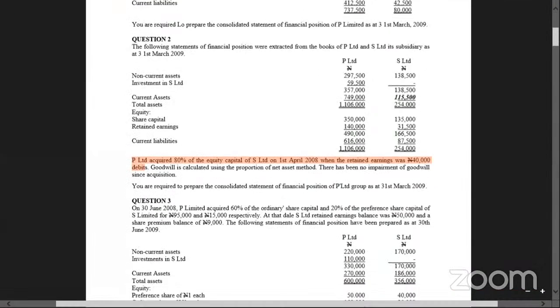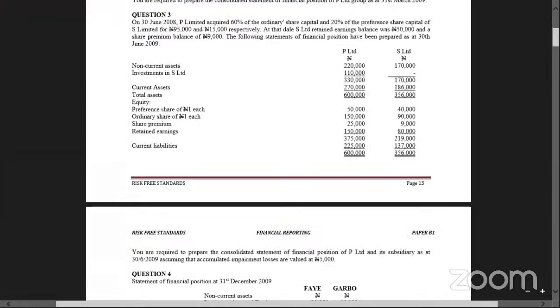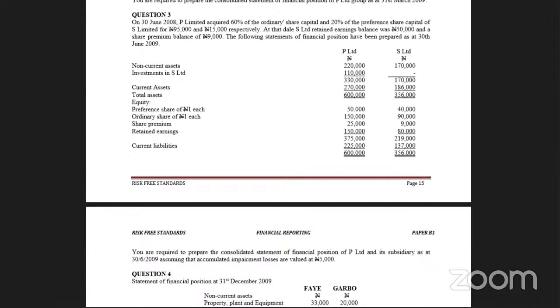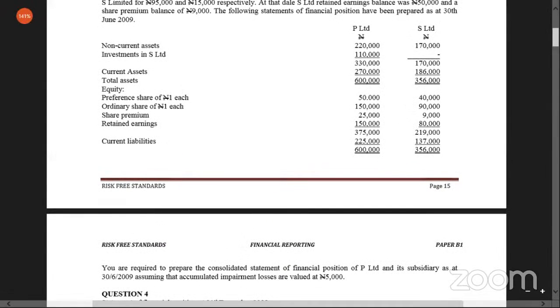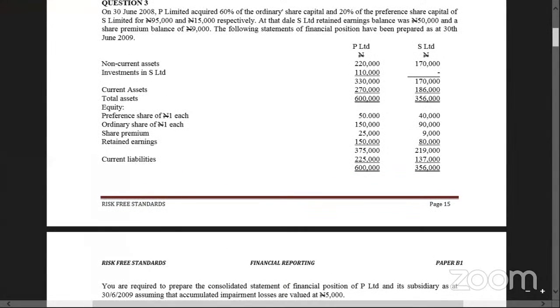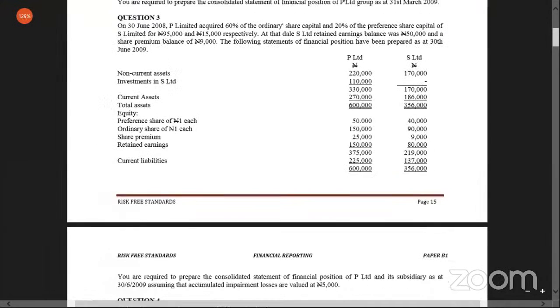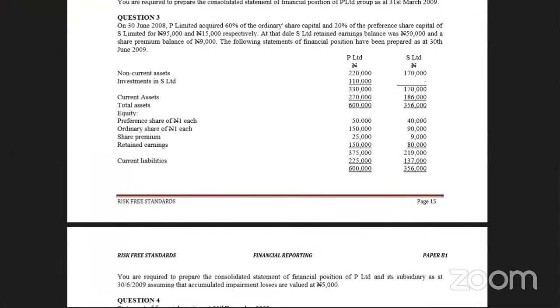Question 3. Okay, I need somebody to read for me. On 30 June 2008, P Limited acquired 60% of the ordinary share capital and 20% of the preference share capital of S Limited for 95,000 naira and 15,000 naira respectively.